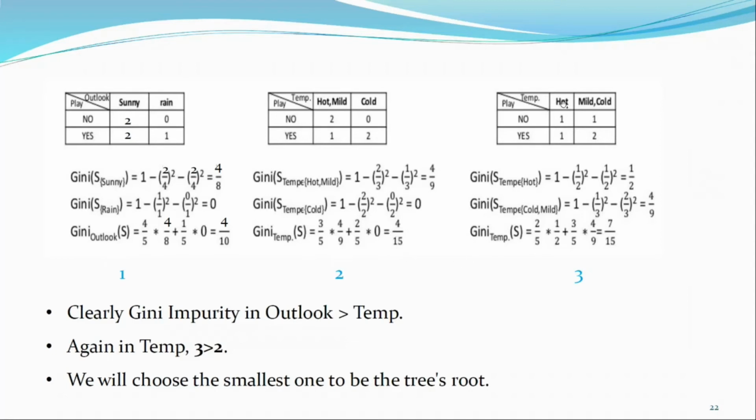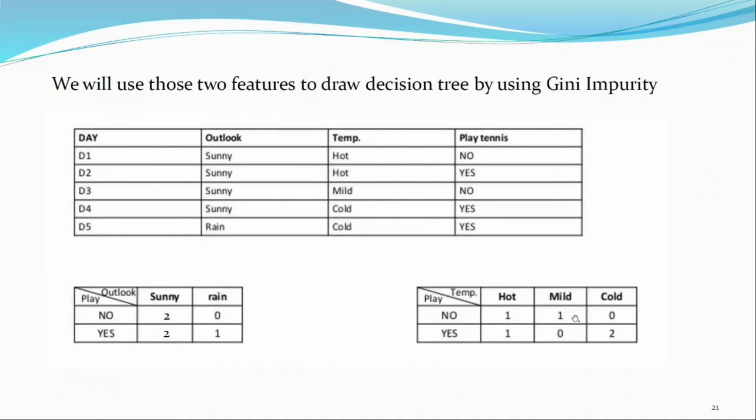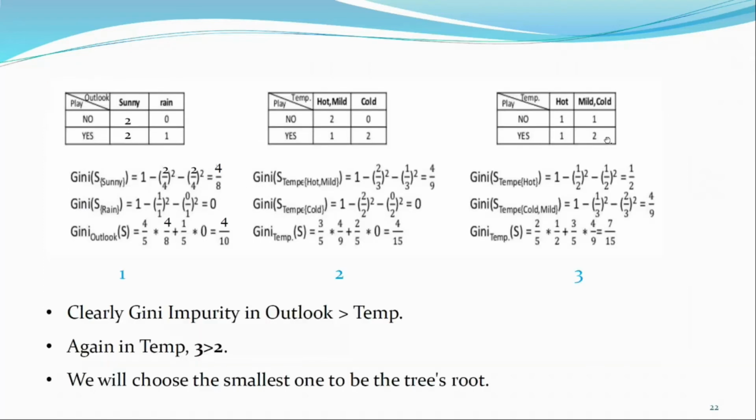Similarly here, the hot one is 1 no, 1 yes. Mild and cold is 1 plus 0, 1 no, 2 plus 0, 2 yes. So the Gini impurity of hot is 1 minus (1/2) squared minus (1/2) squared, equal to 1/2.